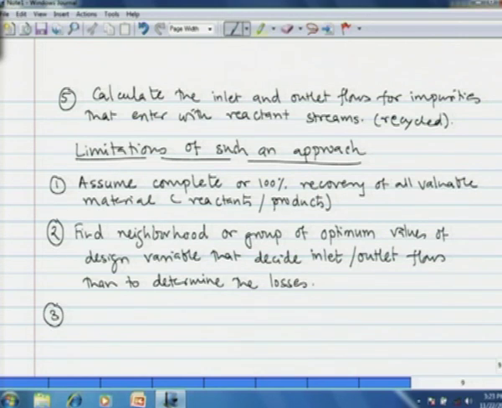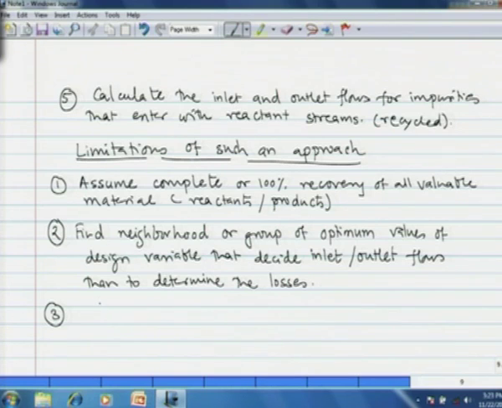Now, the approach that we have seen essentially focuses on predominant production of a single product along with some unwanted side products. But in many processes, there are several valuable products.